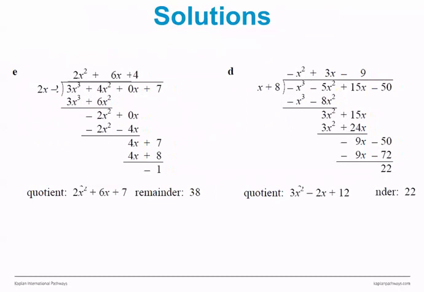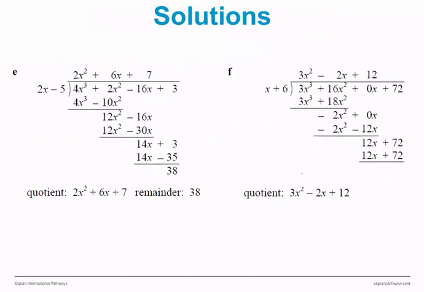Let's see F here. The question itself was 3x cubed plus 16x squared plus 72.